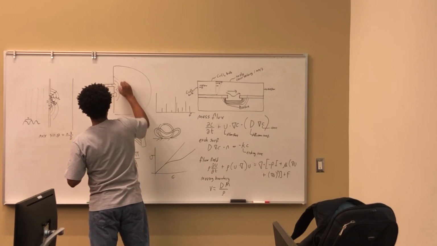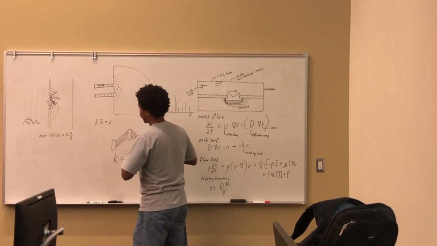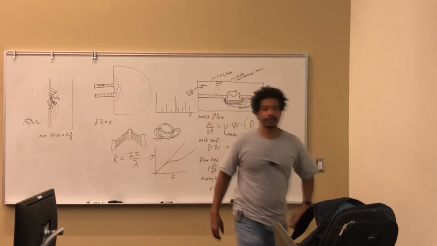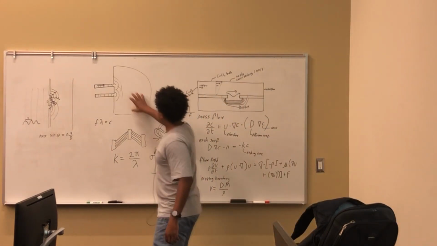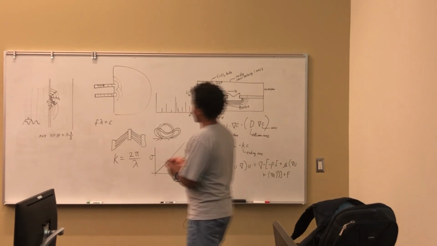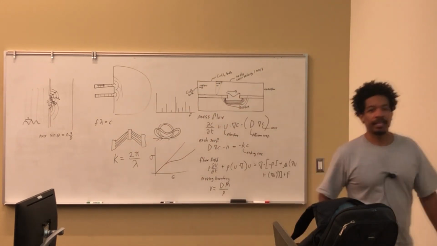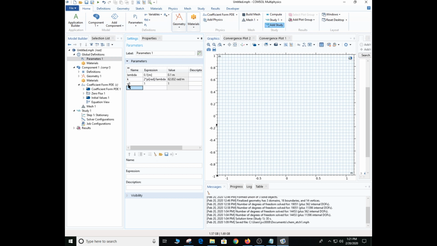Then we will see their interference pattern. But the u that we're solving for is all in this space. It's like u as a function of x and y, all in this space right here. So that's what we're solving for. That's our unknown in our equation that we're solving for.